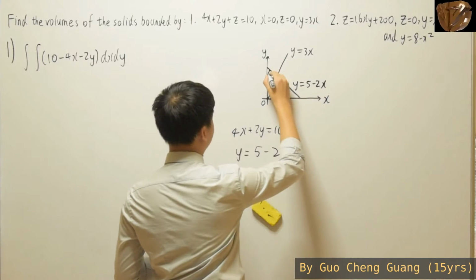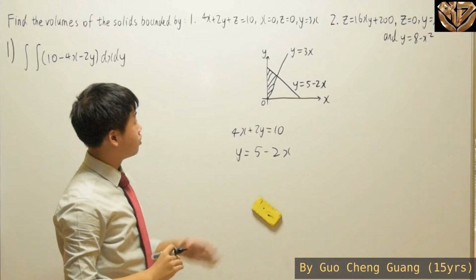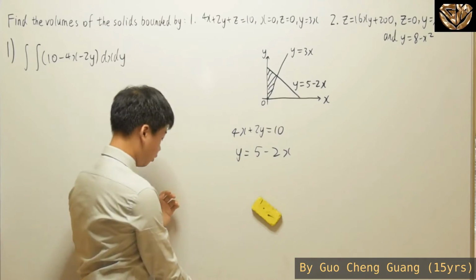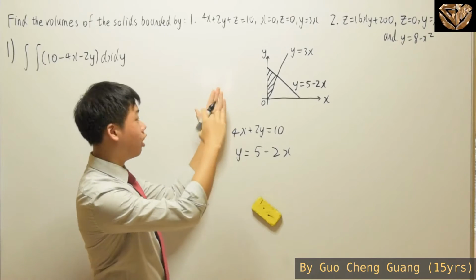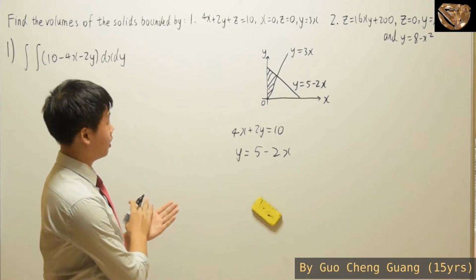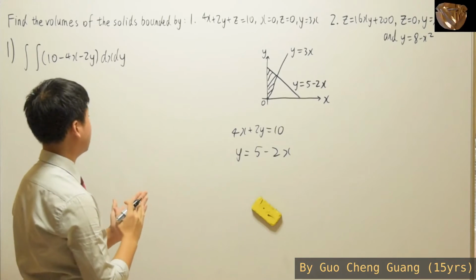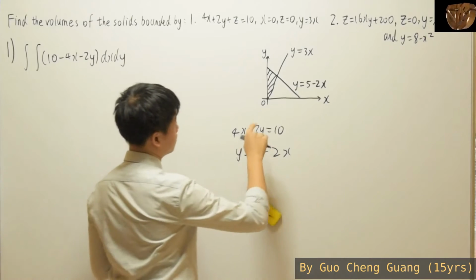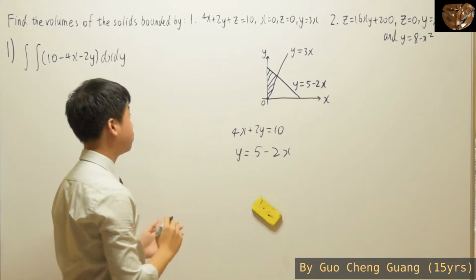So that means your base area will be here. This is your base area, and for your z-axis, it will be extended out by how much? Now with this base area, we can determine what the boundaries are. If you want to integrate with respect to x, that means you'll need two different parts.